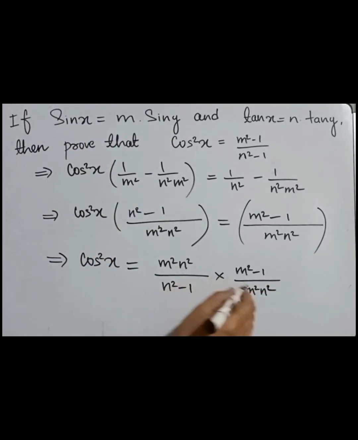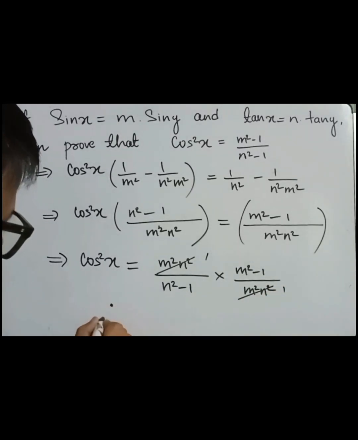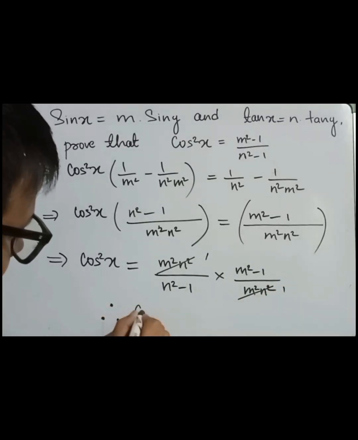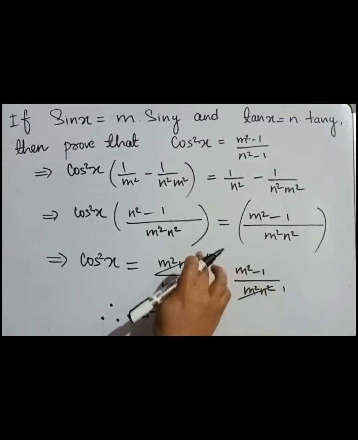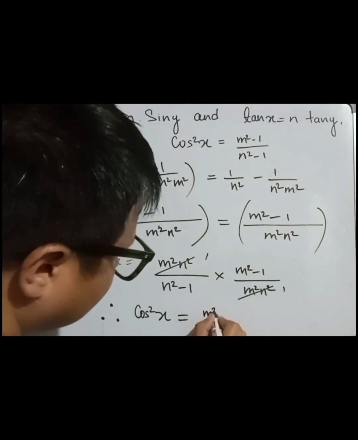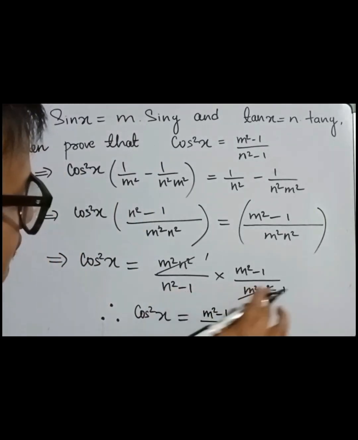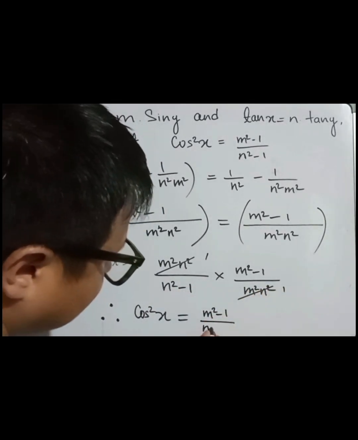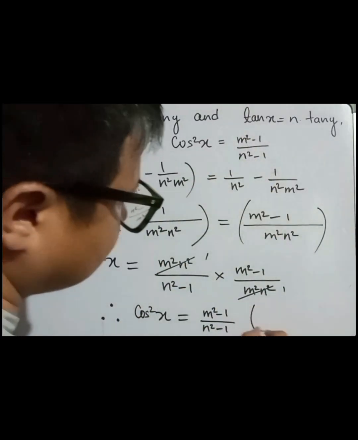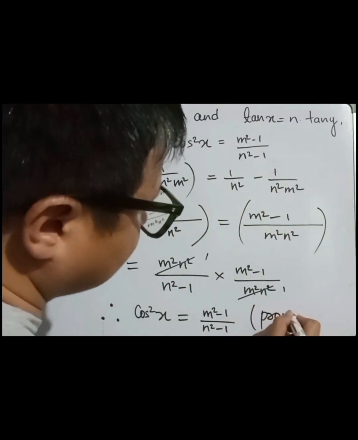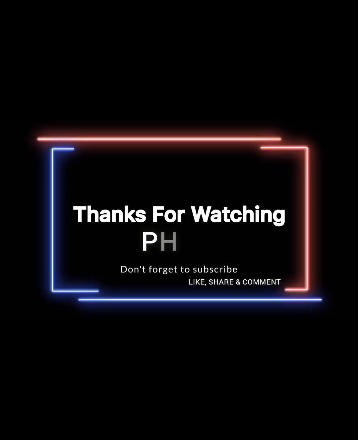And we can see these two are equal, we can cancel them. And after cancelling them we get cos square x is equal to m square minus 1 upon n square minus 1. Therefore, cos square x is equal to m square minus 1, n square minus 1 into 1 is n square minus 1. Hence, this is equal to the right hand side. Therefore, it is proved.